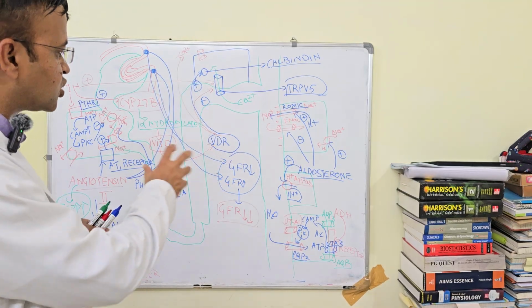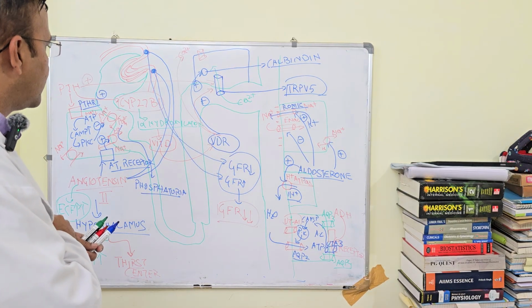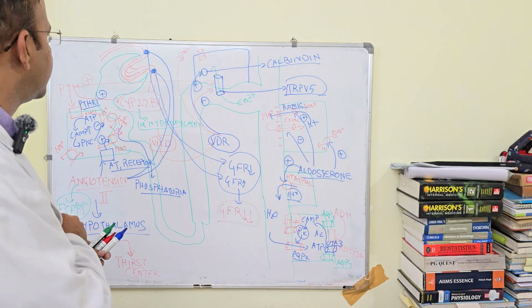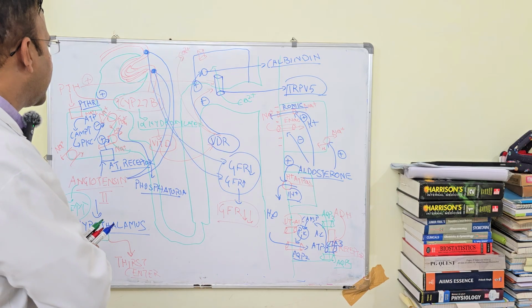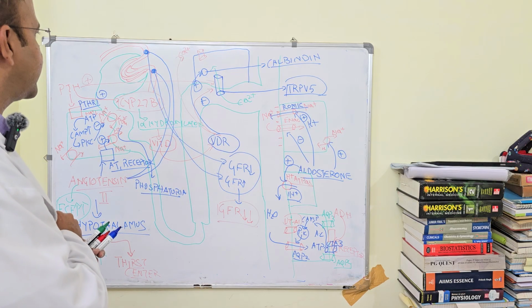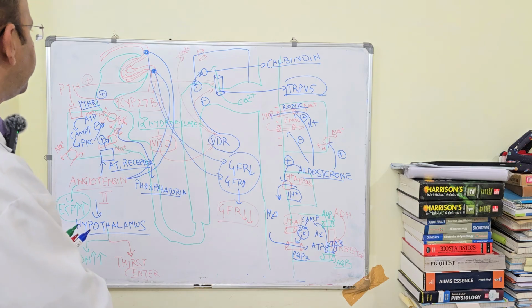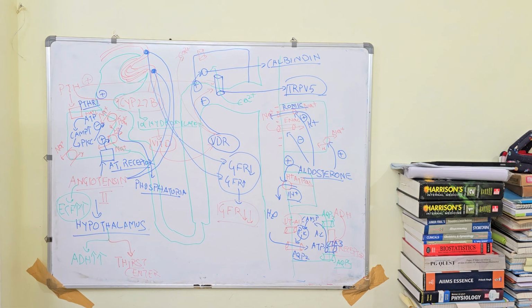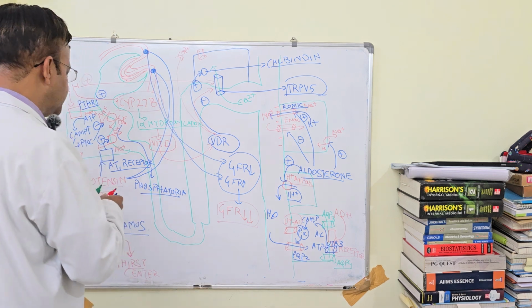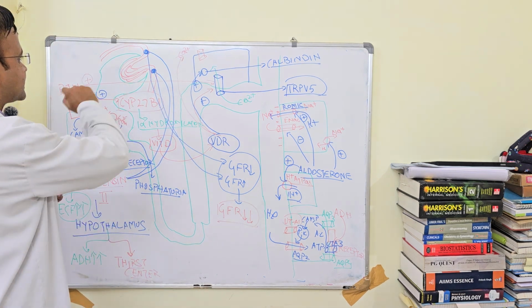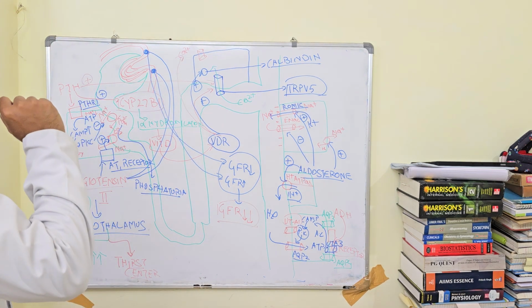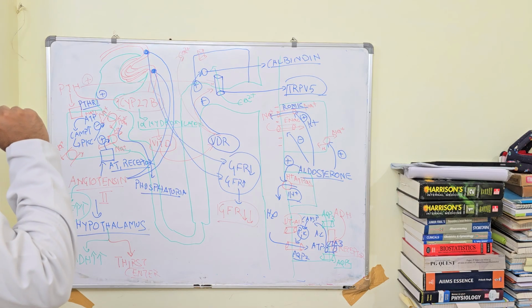Now this is the overview of ADH. One very important hormone we still need to discuss is ANP. Now how does ANP work? This ANP is going to act on your NPR1 receptor.